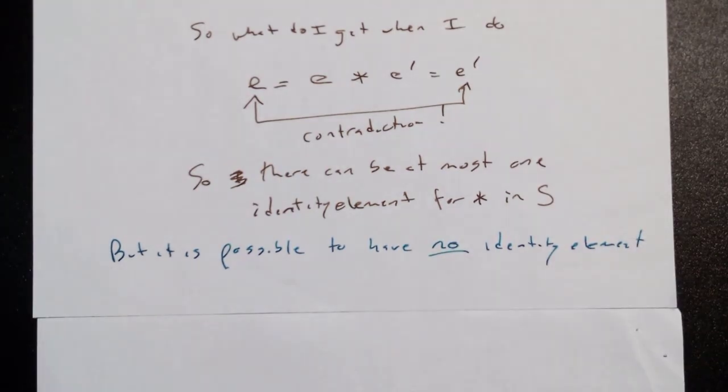So let me take a set where I know there is an identity and mess with it. When I'm multiplying normal ordinary integers, what's my identity? 1. So what if I took just the even numbers?